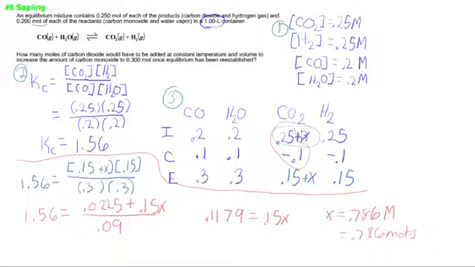How much? I don't know. So I say plus x, and then using what I want to get at equilibrium, I adjusted my change values. After I get my ICE table set up, I use my ICE data, set it equal to my equilibrium, and I solve for x.